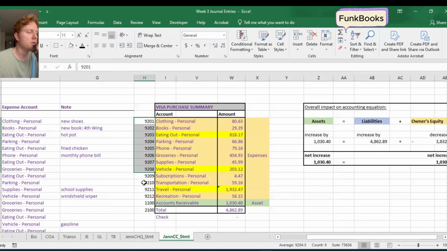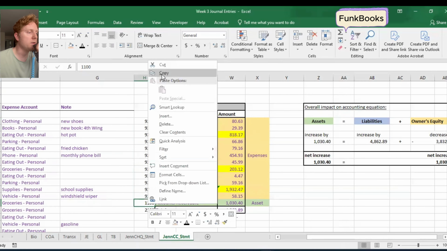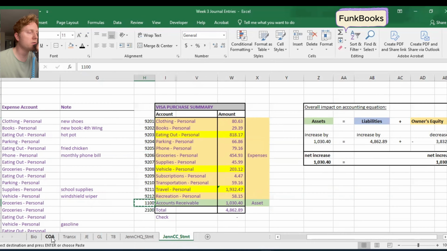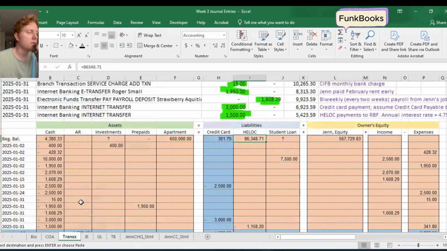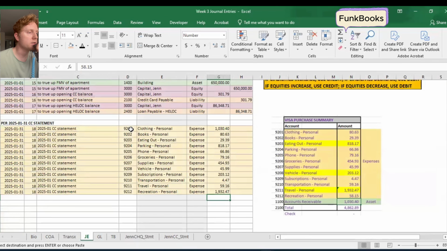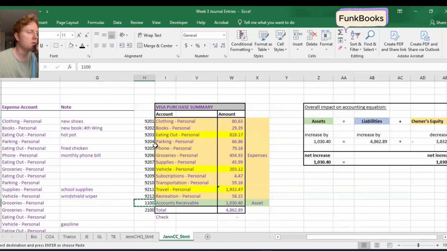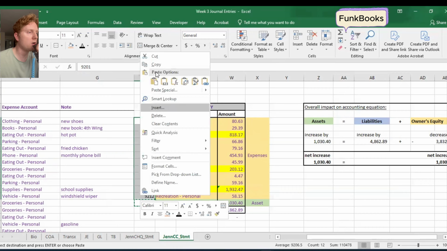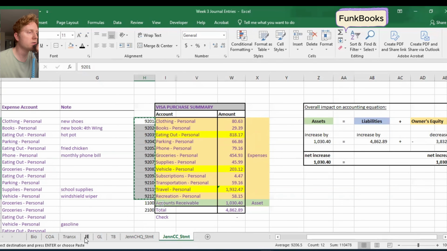So starting on the first line will be the accounts receivable, because that's the 1,000 there. So that is our asset. Starting at the second line will be all of these.